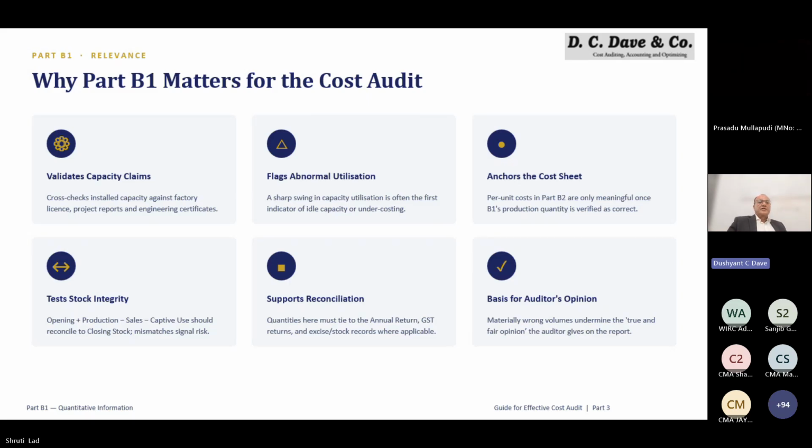Now, why does Part B1 matter for cost audit? If you look at the screen, I have produced the entire logic of why B1 matters. The moment you have prepared B1, it validates the capacity claims. It flags abnormal utilization. If the utilization is more or less, you will find some companies actually having 110% utilization.